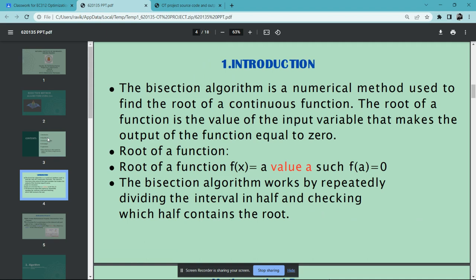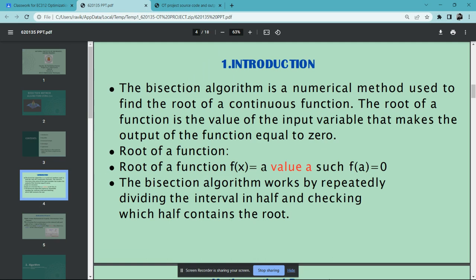The bisection method is a well-known numerical method that can be used to find the roots of a function. However, it is also useful in optimization techniques where we need to find the maximum or minimum value of a function. The bisection method is a simple and easy to understand algorithm.